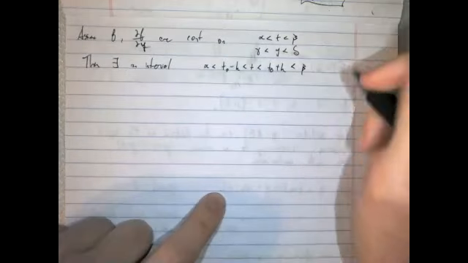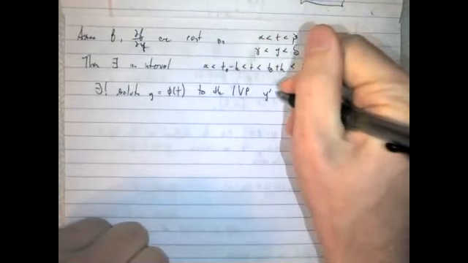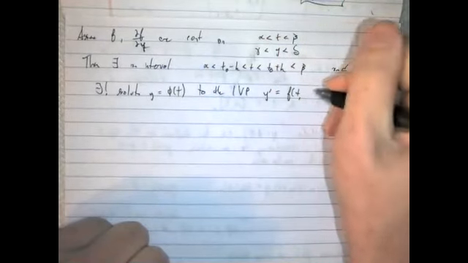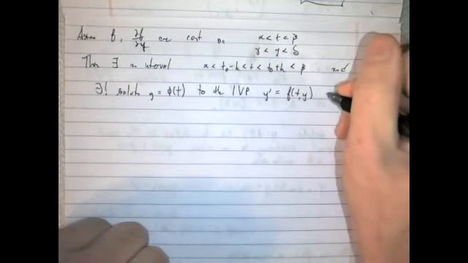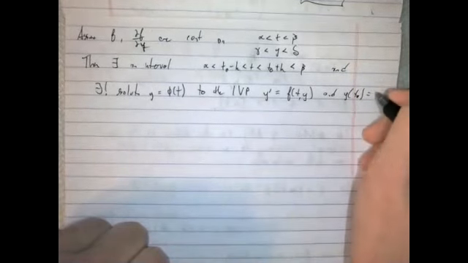And there exists a unique solution, y equals phi of t, to the IVP y prime equals f of t, y and y of t0 equals y0.